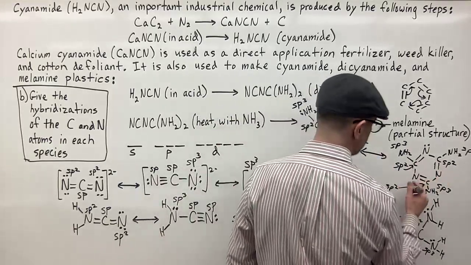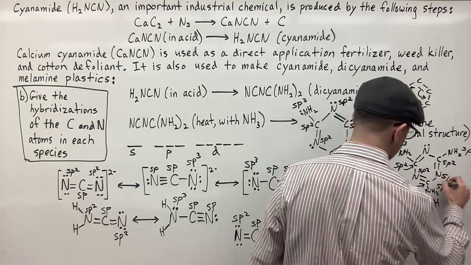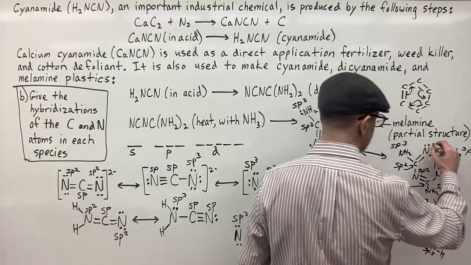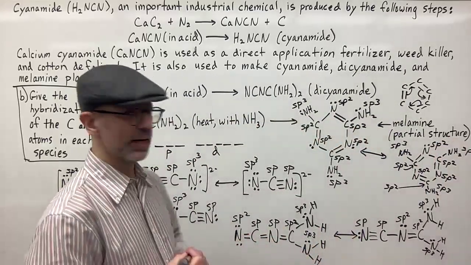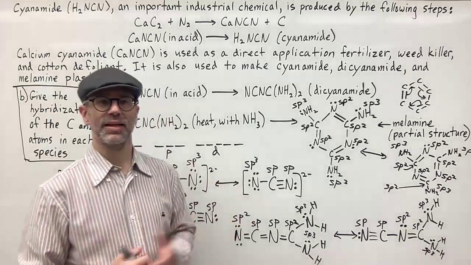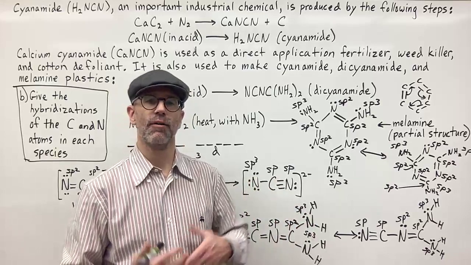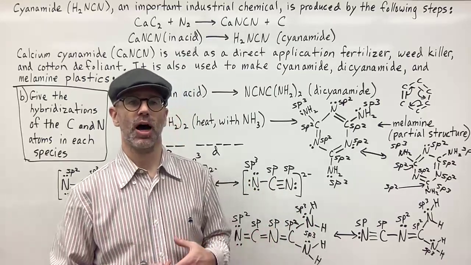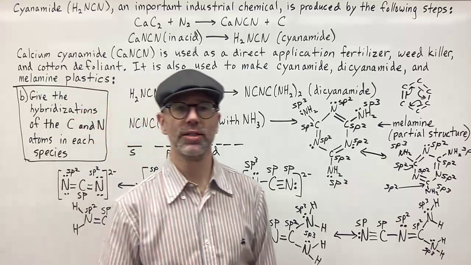Same thing over here. So nitrogen sp2 hybridized, sp2 hybridized, sp2 hybridized. And so that, ladies and gentlemen, is the labeling of your carbon and nitrogen atoms for every species giving the hybridization. Okay, let's move on to part C.